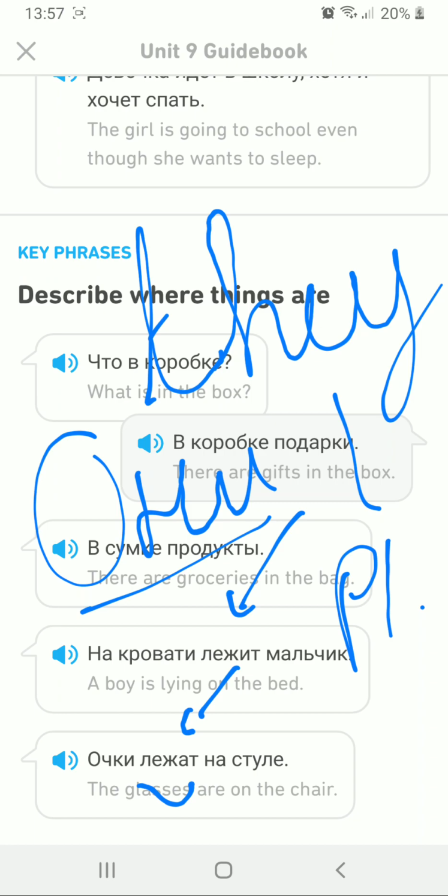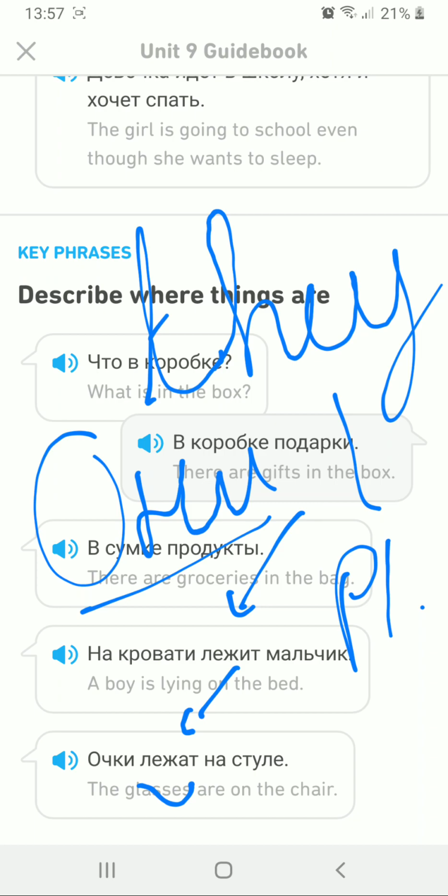We could also say that, because to sit on a chair, for example, in English we might as well say my glasses are sitting on the table, or on the table simply, the verb to be. But here it uses the verb лежит, which means that it's lying there.